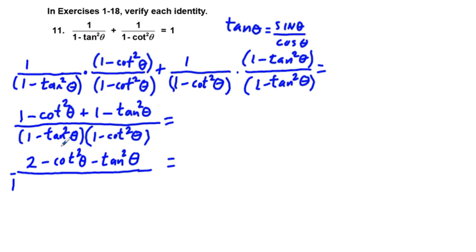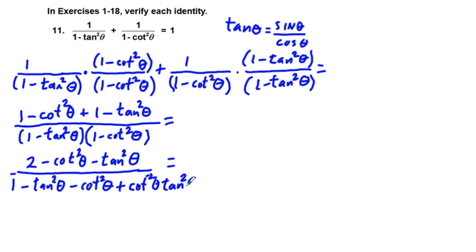And we're going to have this negative tangent squared theta times 1, so minus tangent squared theta. Next, we have this 1 times negative cotangent squared theta, so that's going to be minus cotangent squared theta. And then finally, we're going to have negative tangent squared theta times negative cotangent squared theta, so that's minus times minus, plus. We're going to have cotangent squared theta tangent squared theta.